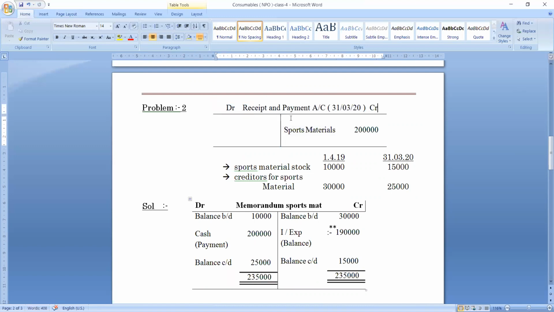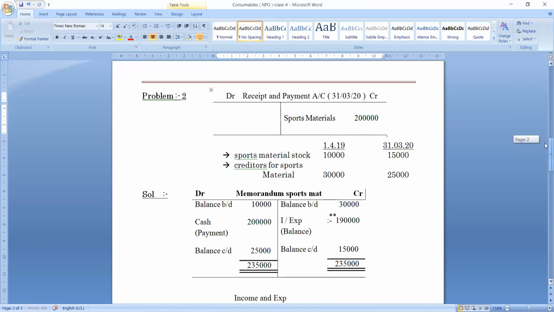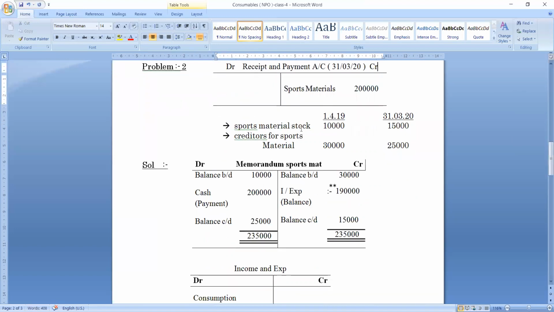Sports material stock 10,000 to 15,000, this is the opening and closing. Now the important thing is creditors for sports material 30,000 and 25,000. Here there are two types of adjustment.